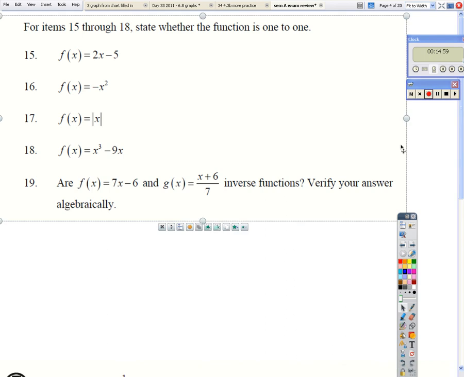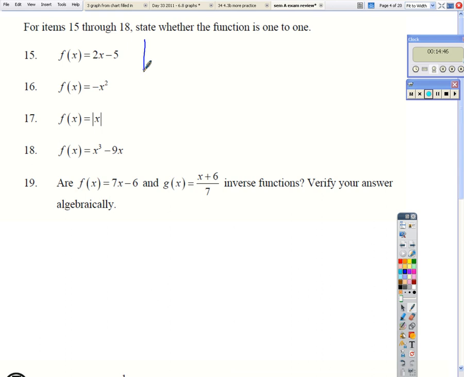Okay, 1-to-1 means that both the function and its inverse are functions, or there is only one y for every x. So you can use your calculator for these, but I'll make a sketch by hand. So 2x minus 5 is a line, so yes, that is 1-to-1. Negative x squared looks like this.